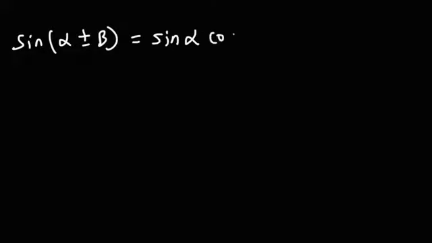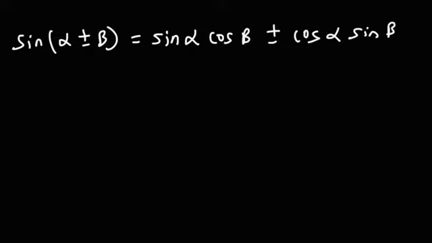Now the next thing we're going to talk about are the sum and difference identities. So here we go. Sine alpha plus or minus beta is going to be equal to sine alpha cosine beta plus minus cosine alpha sine beta.